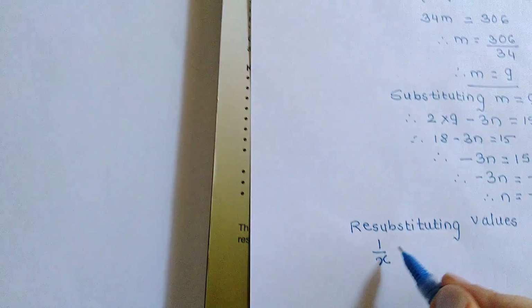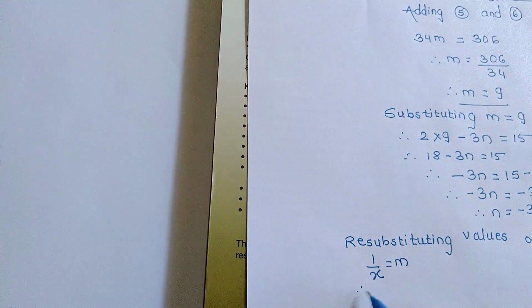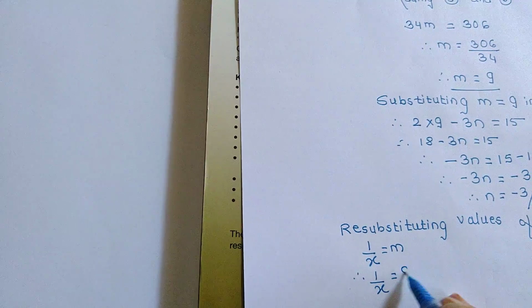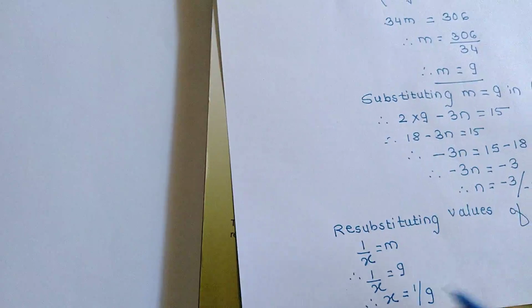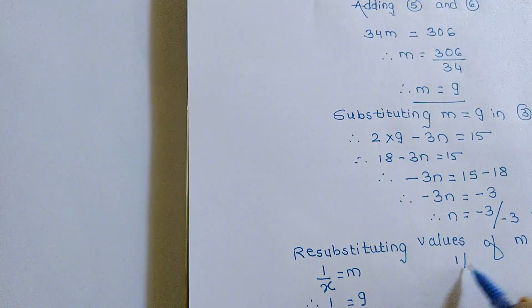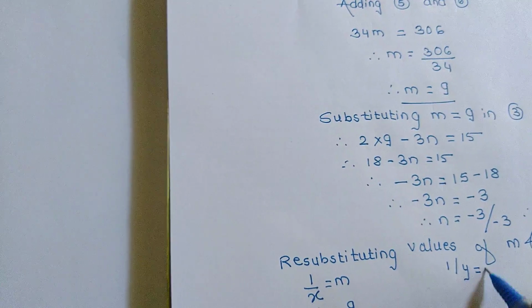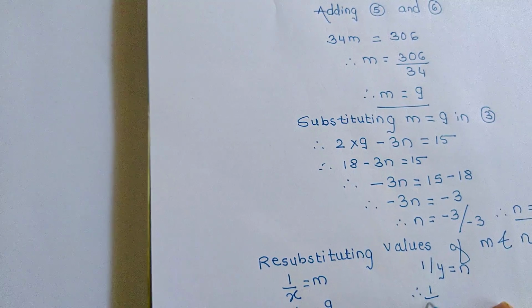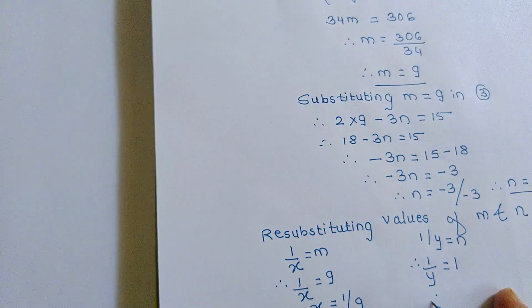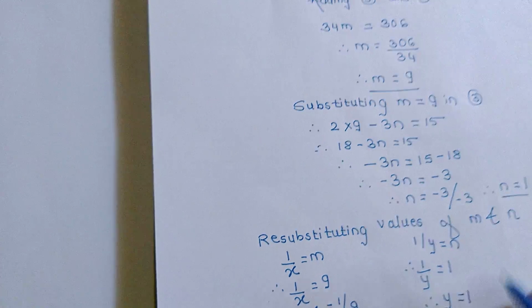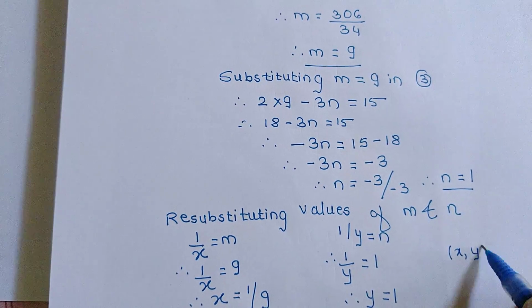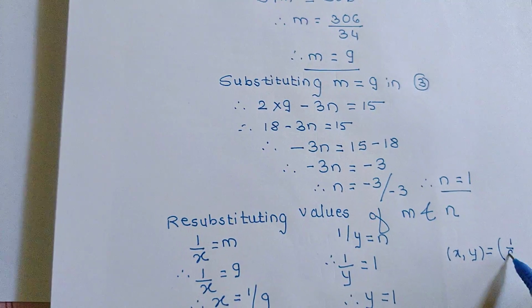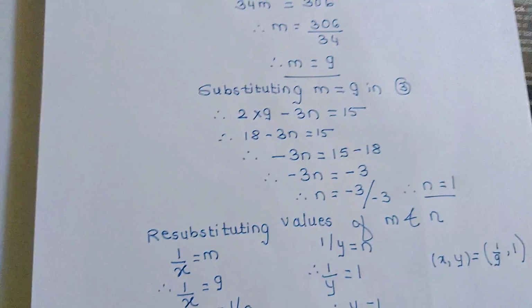So now we can write 1 upon x is m. So therefore 1 upon x is 9. Therefore x is 1 upon 9. At the same time 1 upon y we considered as n. So therefore 1 upon y is 1 and we get the value of y which is 1. So the solution for the equations, x, y is equal to 1 by 9 and 1.